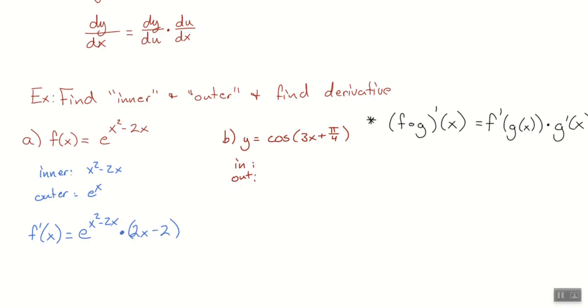All right, what I want you guys to do is before you commit to trying to differentiate this, check with me, let's identify the inner and outer. I'll give you a second, go with your gut. If you're wrong, we'll clean it up, it's fine.